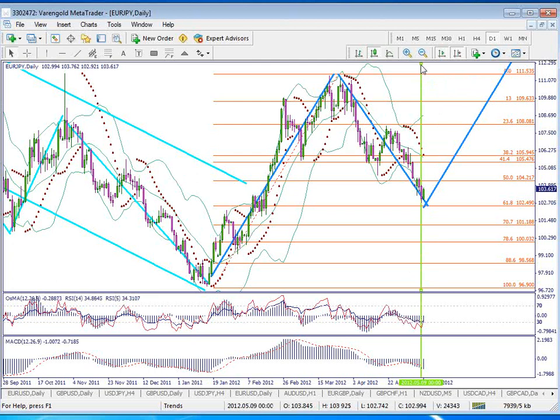Maybe it's better to wait for one more candle, and we will have the confirmation of the wave C of the correction when probably the red line will go out from the histogram of MACD. And now let's see.